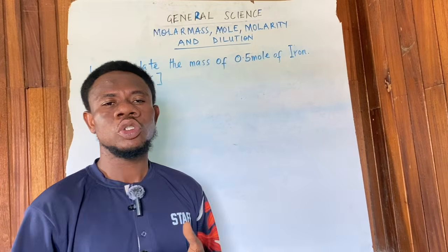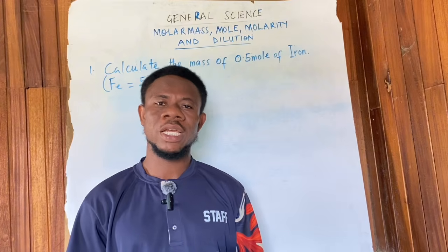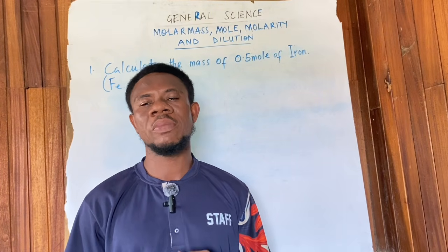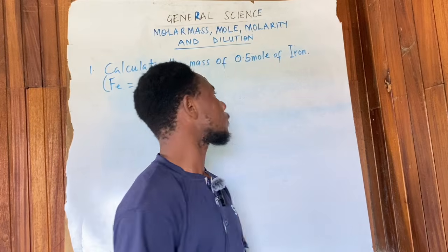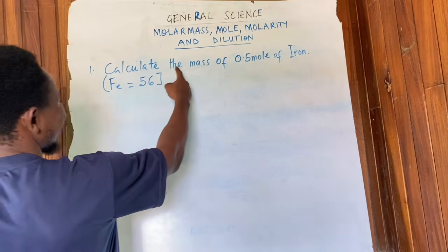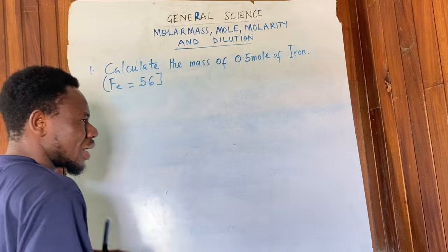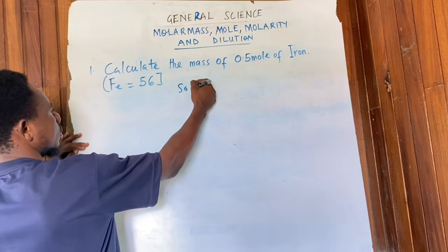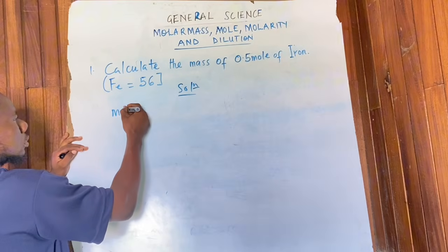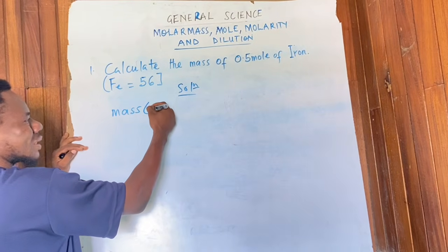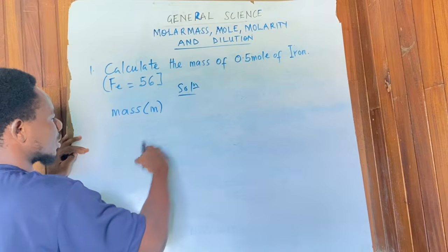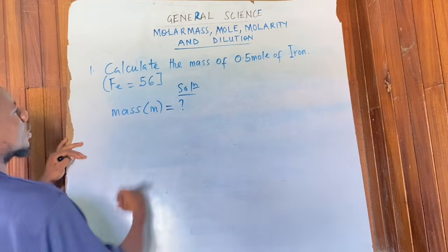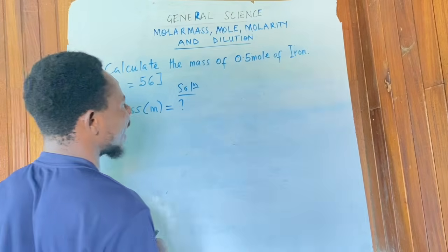Now, whenever you get a calculation question in science, please don't forget to write down the parameters given in the question. So first of all, it says calculate the mass. So this means the question wants us to calculate the mass. So just write mass, and the symbol is what? Small m. Please do it well so that the question will be very easy for you. It says calculate the mass of 0.5 mole.